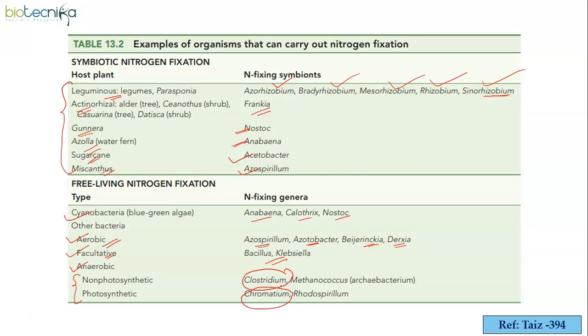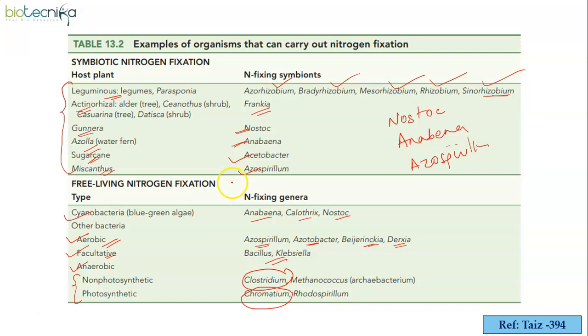Now here you can filter out a few organisms that can be used as either symbiont nitrogen fixers as well as free-living nitrogen fixers. That category includes Nostoc, Anabaena and Azospirillum.